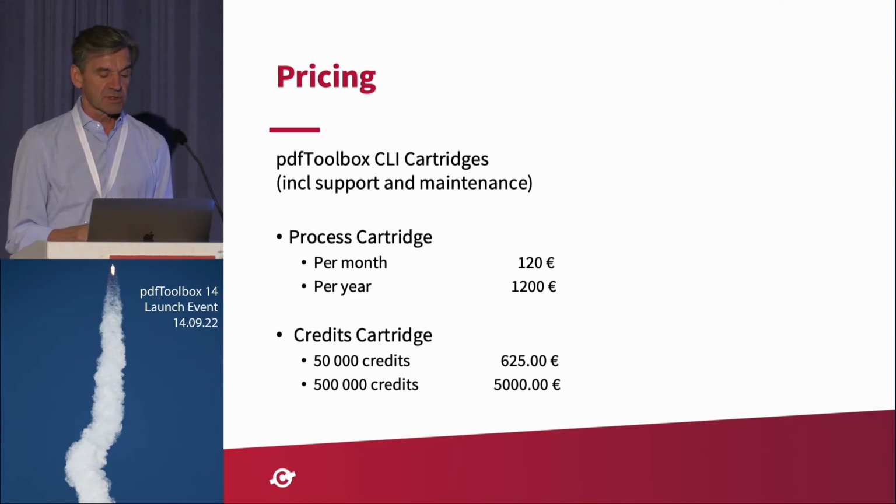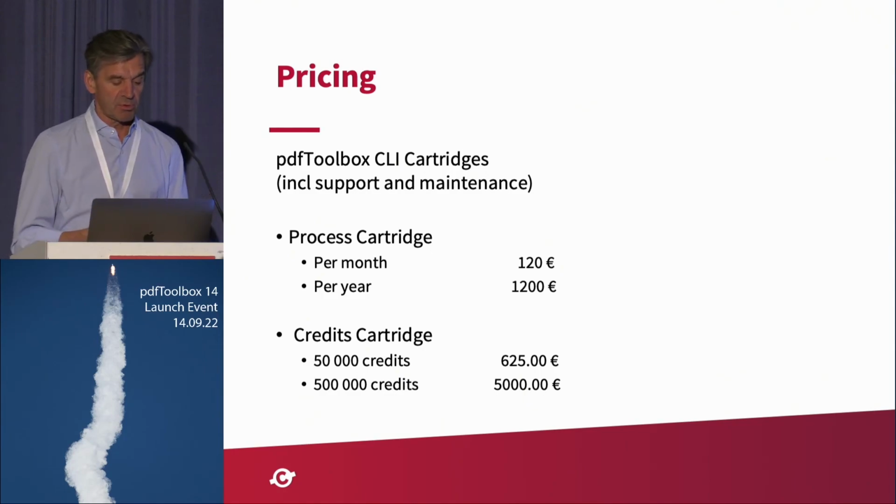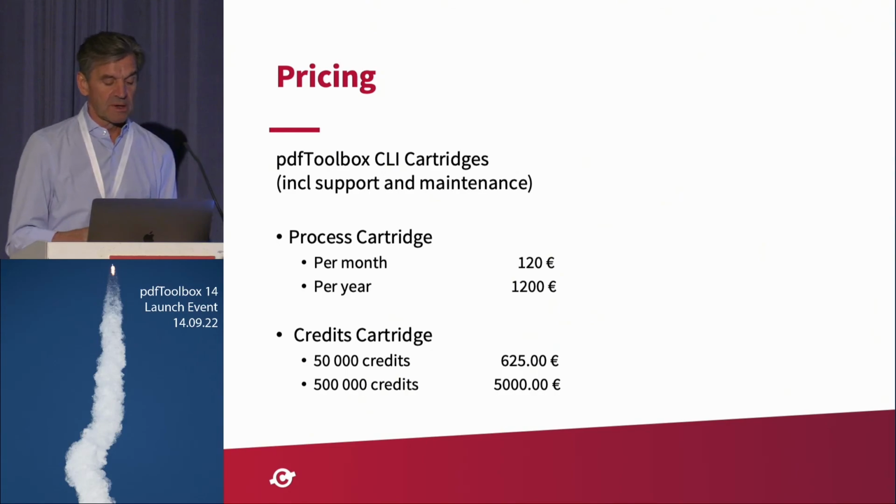And a cartridge for one instance, one parallel process of pdfToolbox, is 120 euro per month or 1,200 euro per year. And you could also have credits cartridges, which means seconds of processing time.